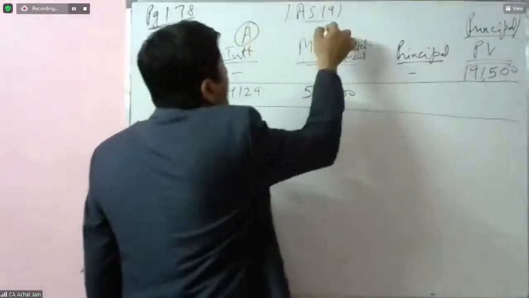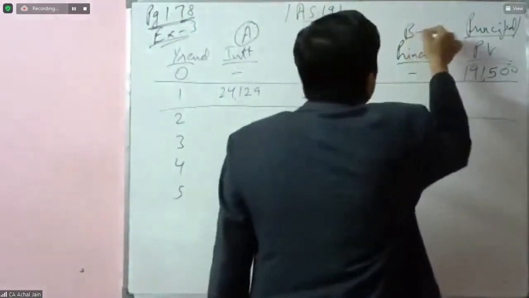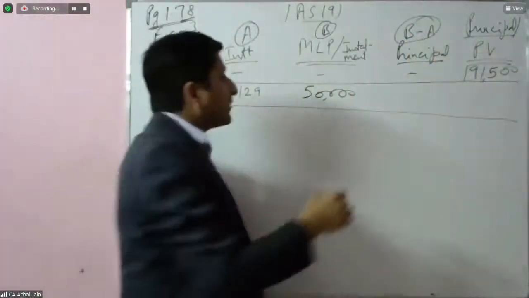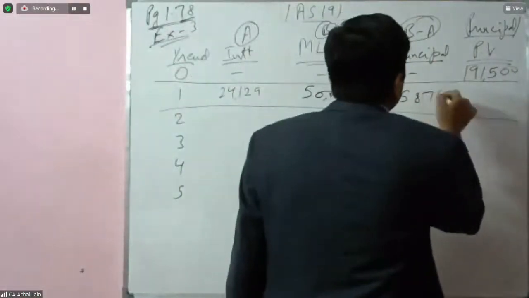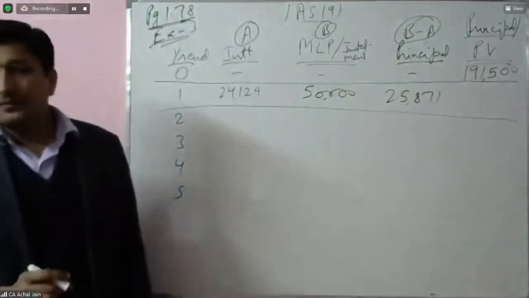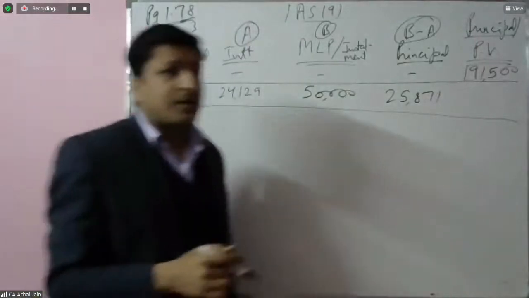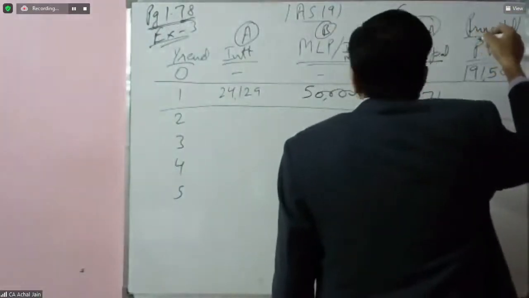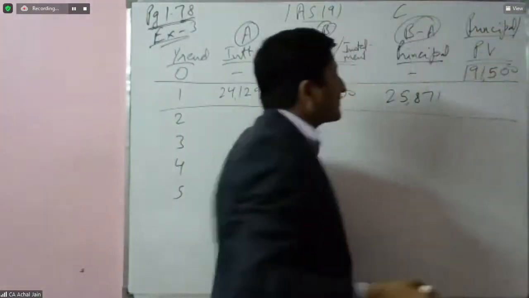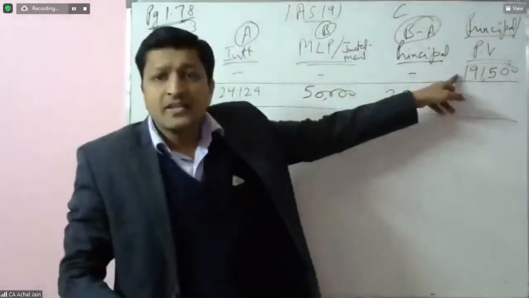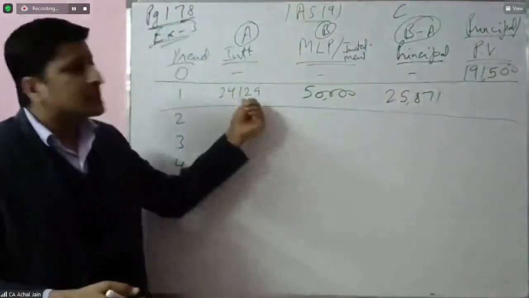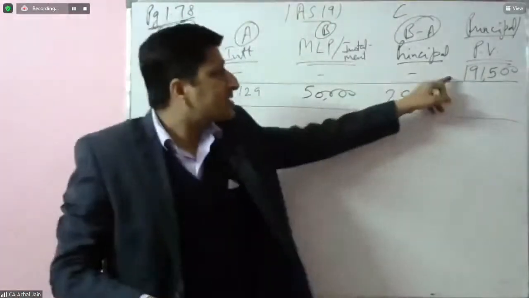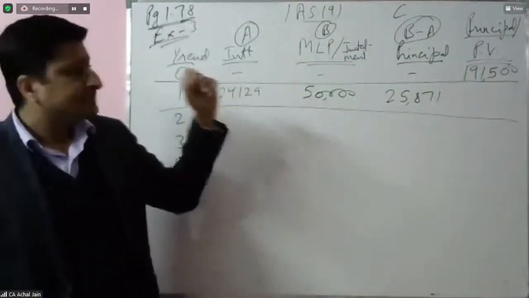How do we get this? If this is A and this is B, then the principal is B minus A: 25,871. Now what is the balance amount that remains? This is C. This was the closing balance that we had, plus the interest, minus this.